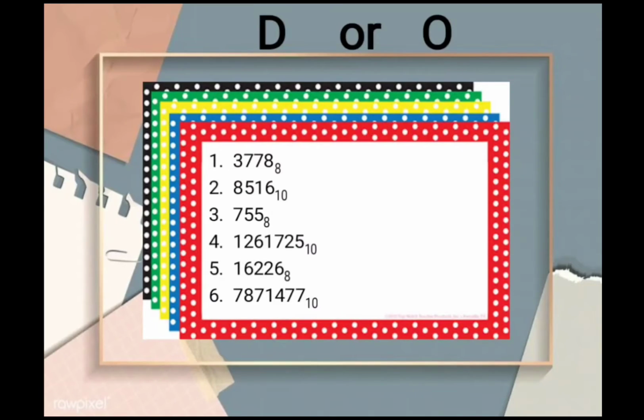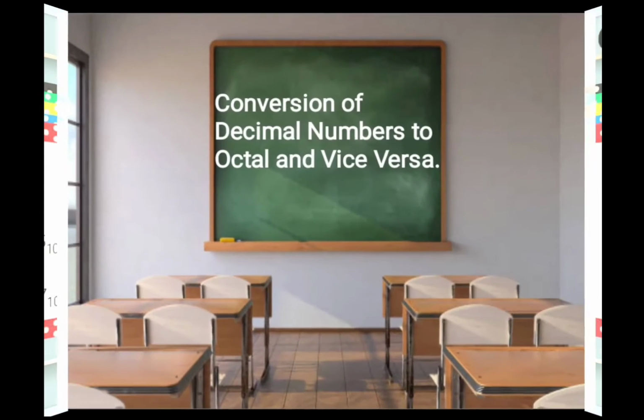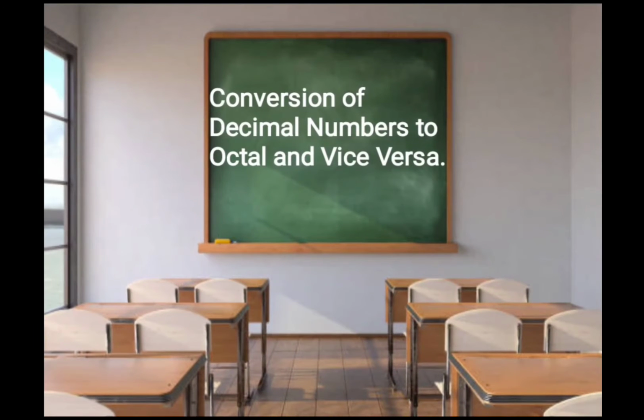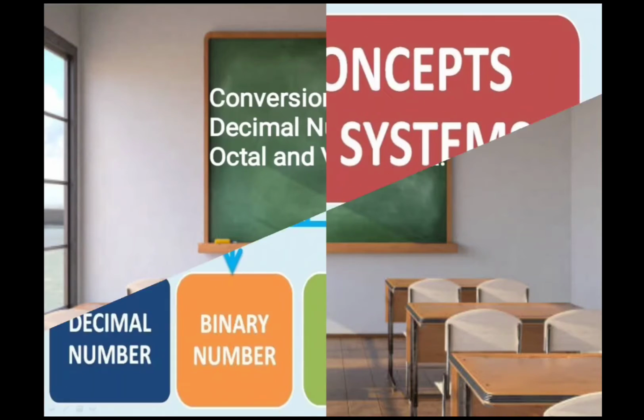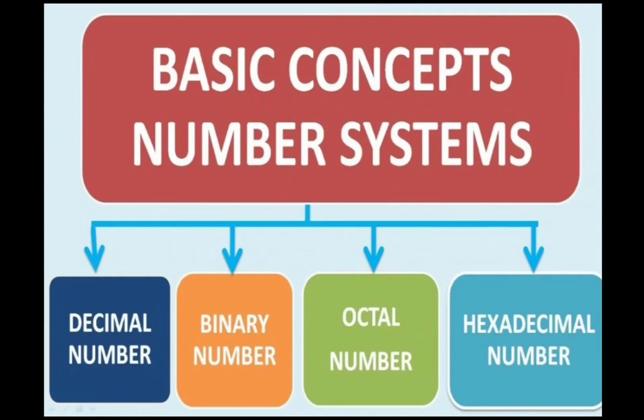Alright, class. To give you a hint from the activities that we have, what do you think is our lesson this morning? Any idea? Alright, very good. Conversion of decimal numbers to octal and vice versa. As we know, the number system is a form of expressing numbers.